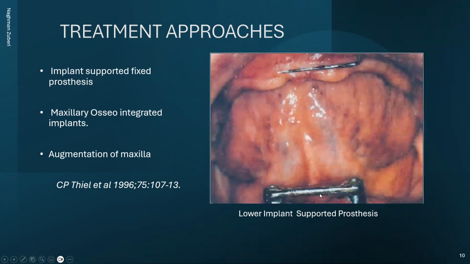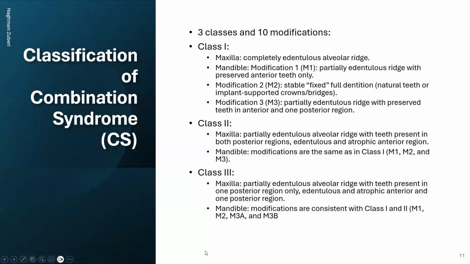Well, nowadays another problem is occurring because patients are wearing a lower implant supported prosthesis and an upper conventional denture. But before that, let's see there are various variations in the combination syndrome, and that's why we had to classify it.